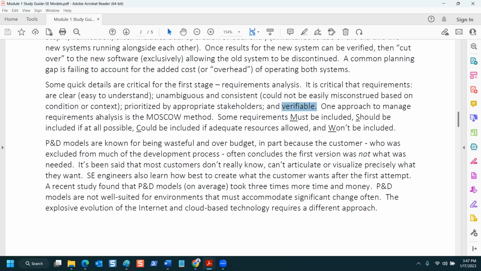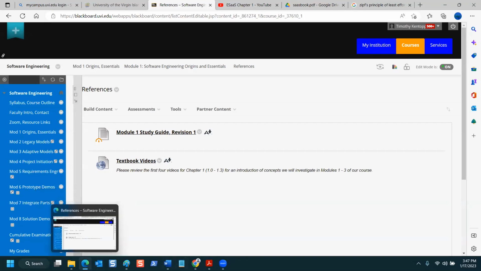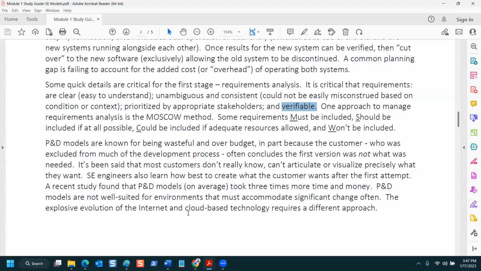One approach to managing requirements analysis, which is part of requirements engineering, we're going to deep dive into here. Some models refer to that as requirements analysis. When you're talking about that, it's called the Moscow method. So what you do is you look at the features that must be included, then you look at the features that should be included, then you look at the features that could be included if there are enough resources, and you identify, we're not doing this.